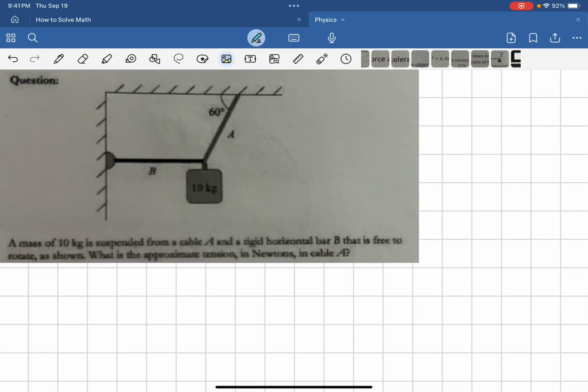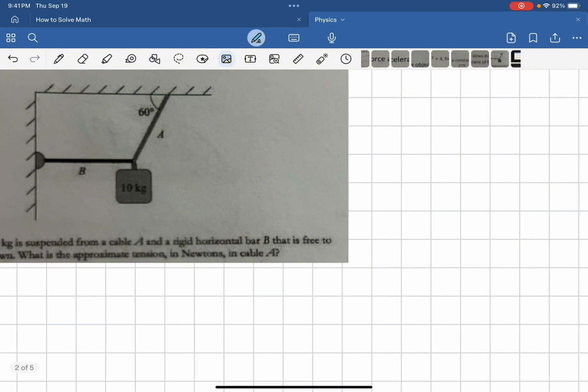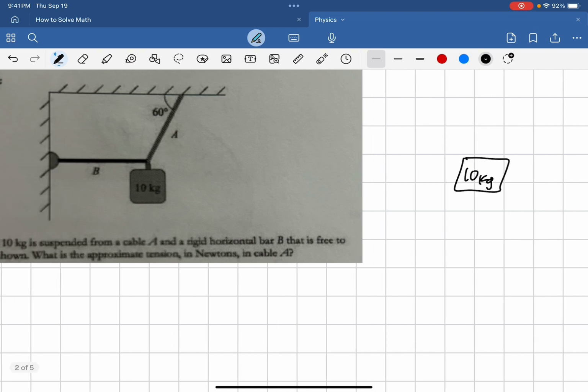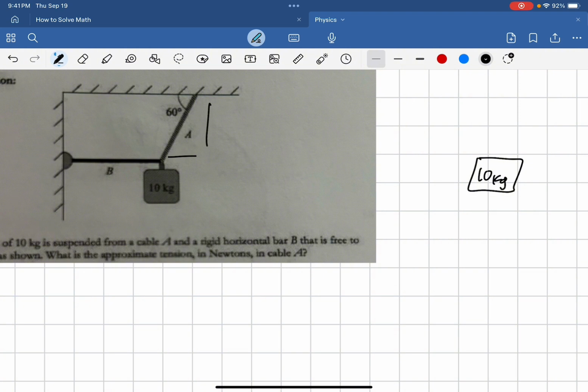This is a force of tension problem, so we should begin by drawing our free body diagram. Here we have our 10 kilogram object. This is going to be the same as having T of A y and T of A x on the side.